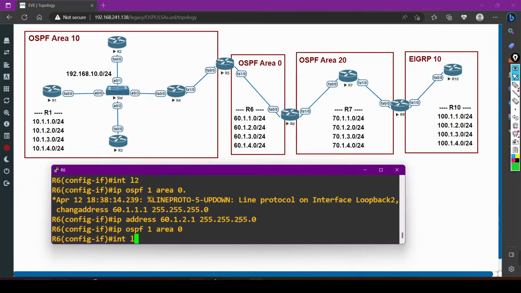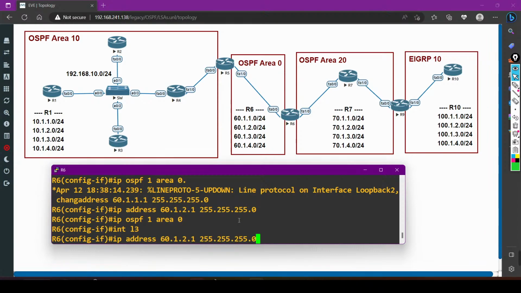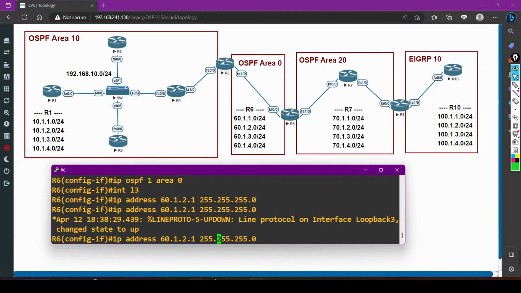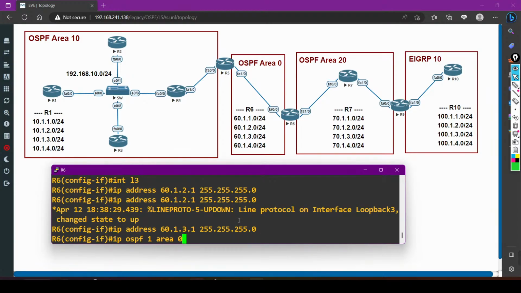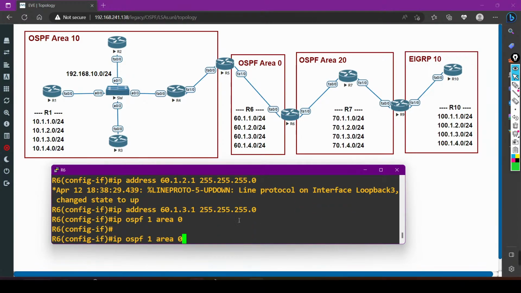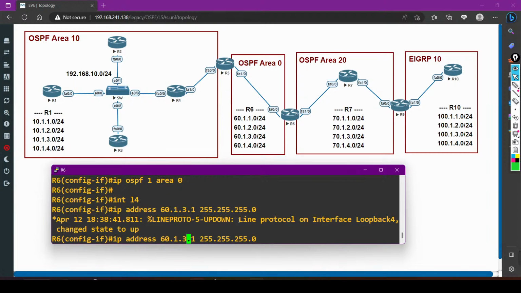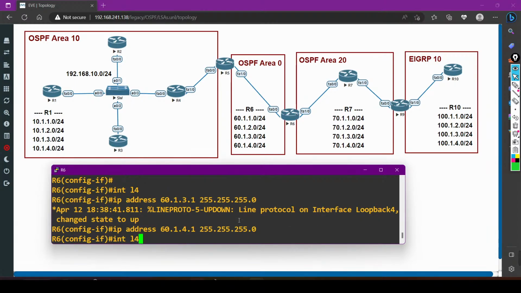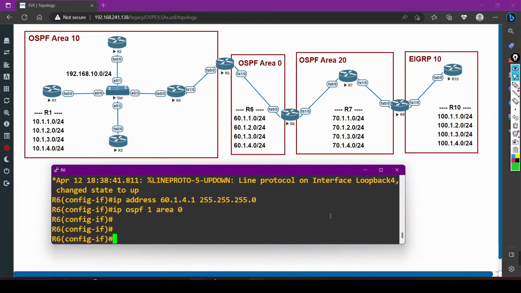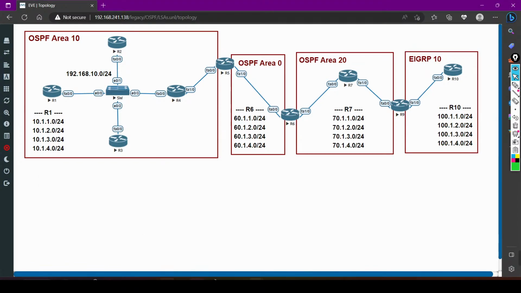Interface loopback 3, IP address will be 60.1.3.1 and IP OSPF 1 area 0. Loopback 4, IP address will be 60.1.4.1 and IP OSPF 1 area 0. Done.